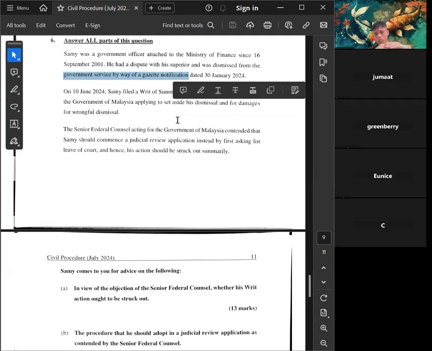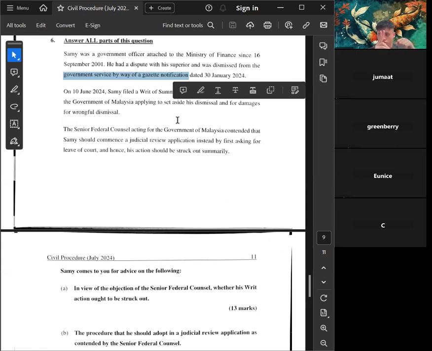You want to make a differentiation between a writ action and a judicial review in your first objection. This is your first point, by telling the examiner this is why the senior federal counsel can come about.